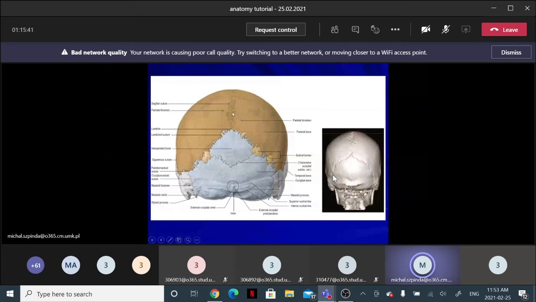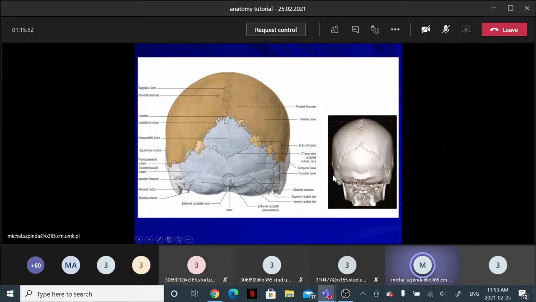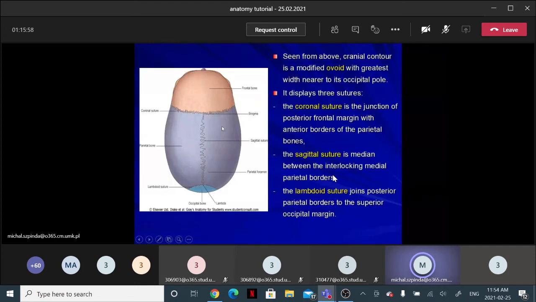Obelion is here, on the line joining two parietal foramina that crosses the sagittal suture. On the norma verticalis, we have the coronal suture, lambdoid suture, and sagittal suture. Such a point here in front is called bregma, and behind is called lambda.